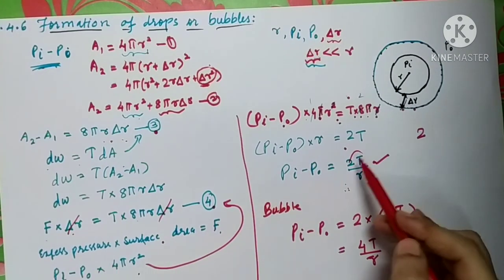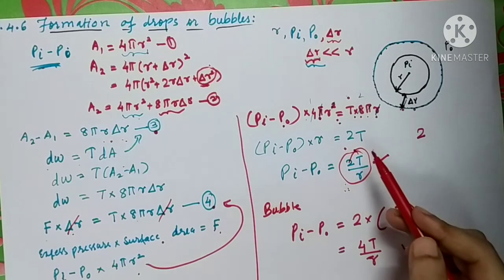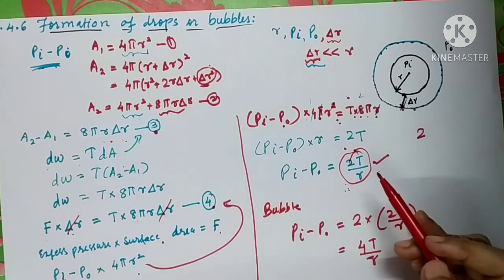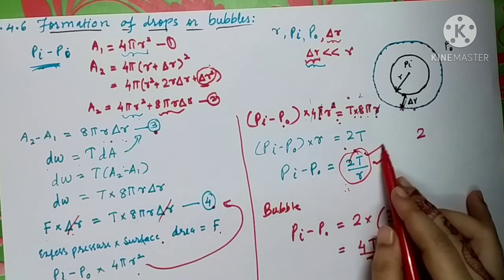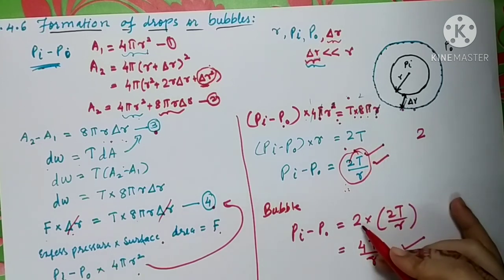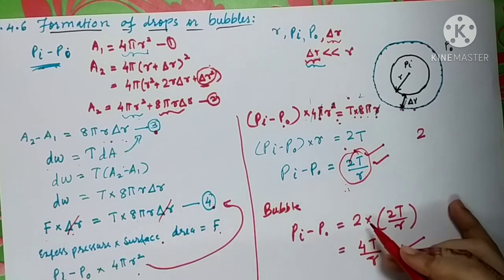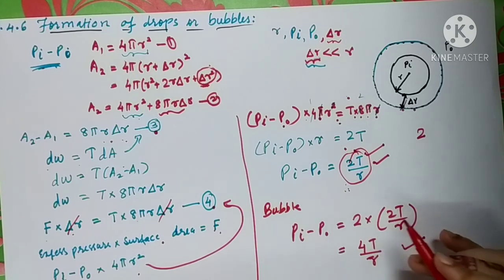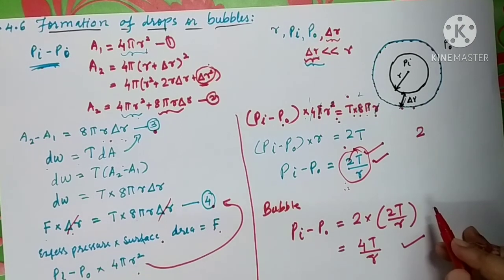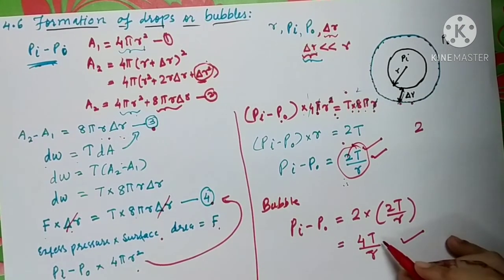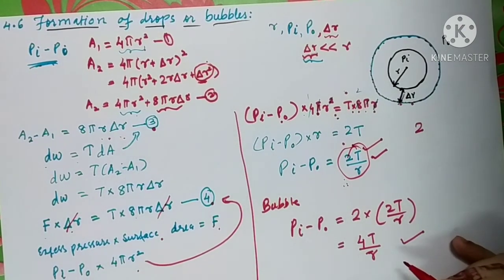This is the expression for the excess pressure inside a liquid drop. For a liquid bubble, we just have to multiply this expression with 2, because the soap bubble or a liquid bubble will always have two surfaces. So once you multiply it, the expression will become 4T upon r.